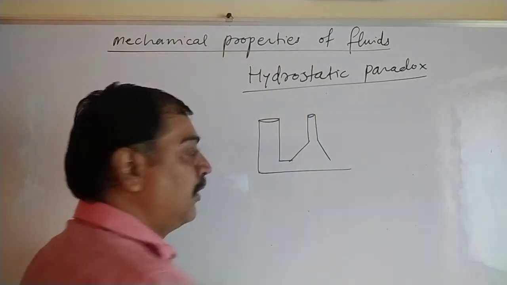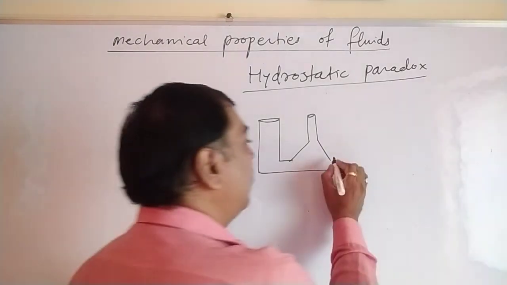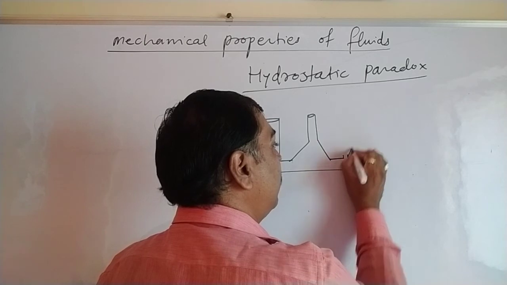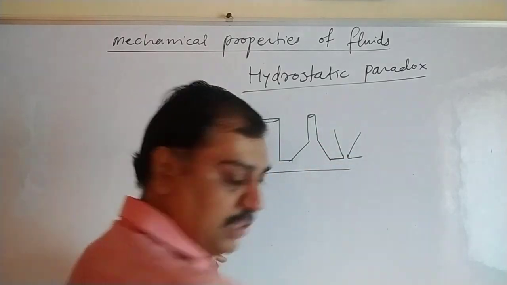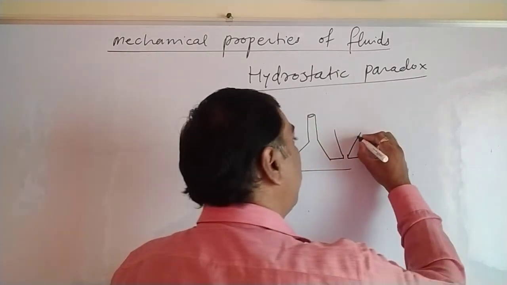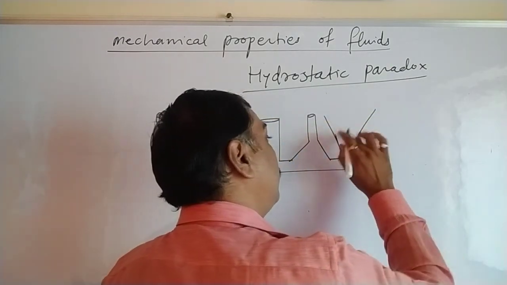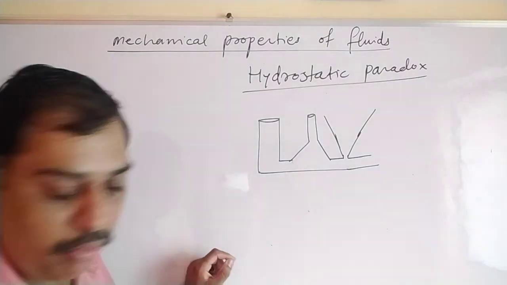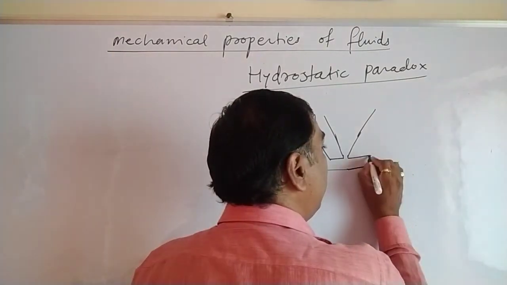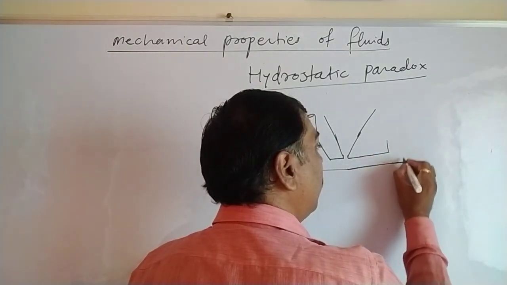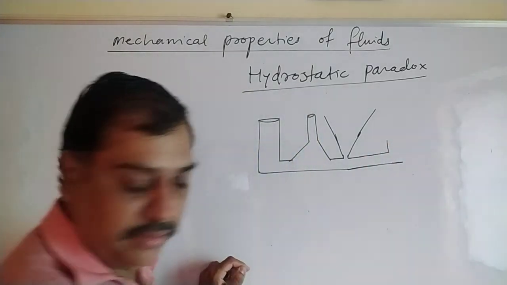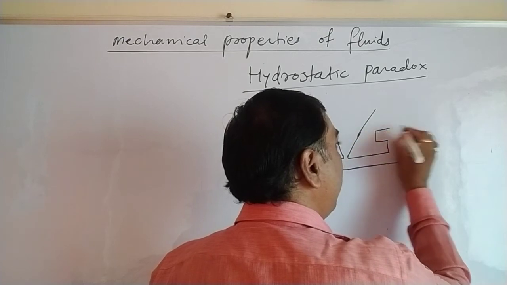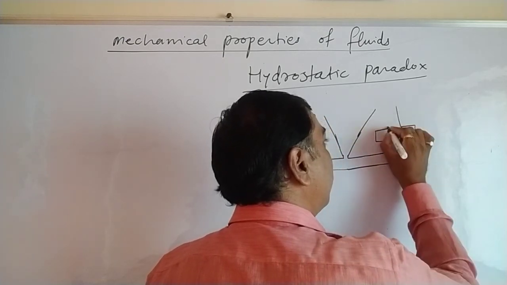Then the third one they have taken like this, with a small opening here, and a bigger part below. The fourth one is a little bit different, like this, with a square part here, and it goes up like this.